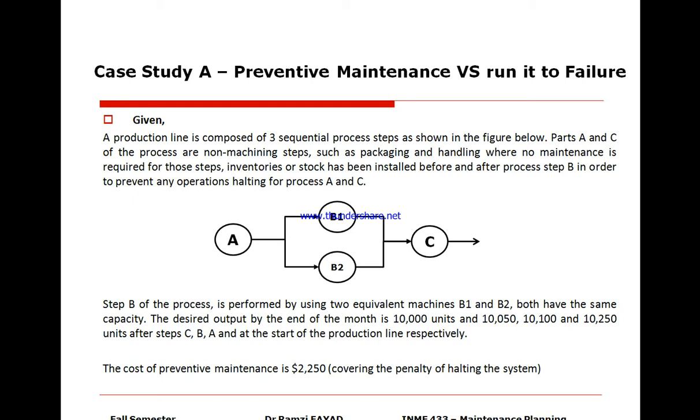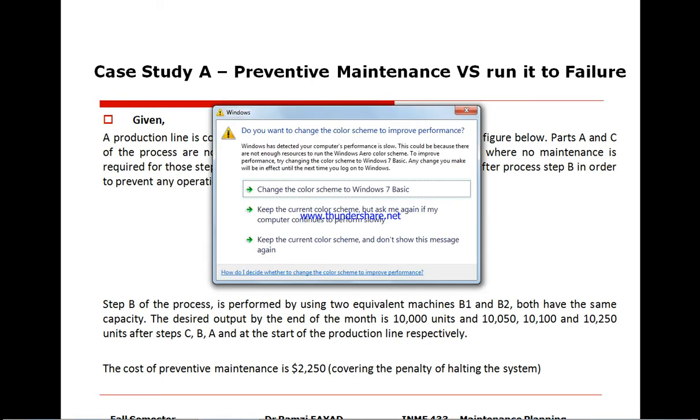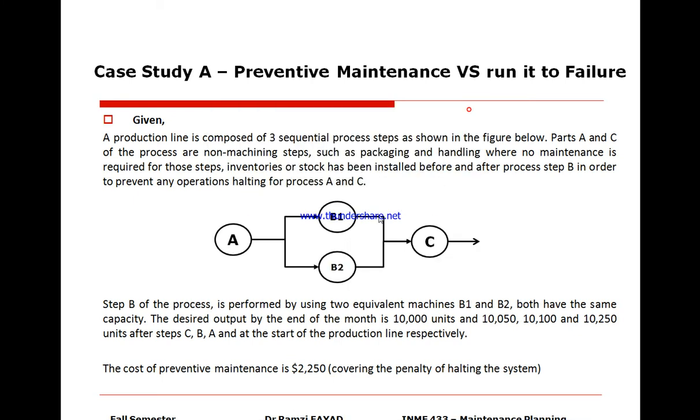It's been installed before B and after B in order to prevent any operation halting for processes A and C. But I need to bring your attention to the following. Even if there is a buffer before B and a buffer before C, things are not the same.